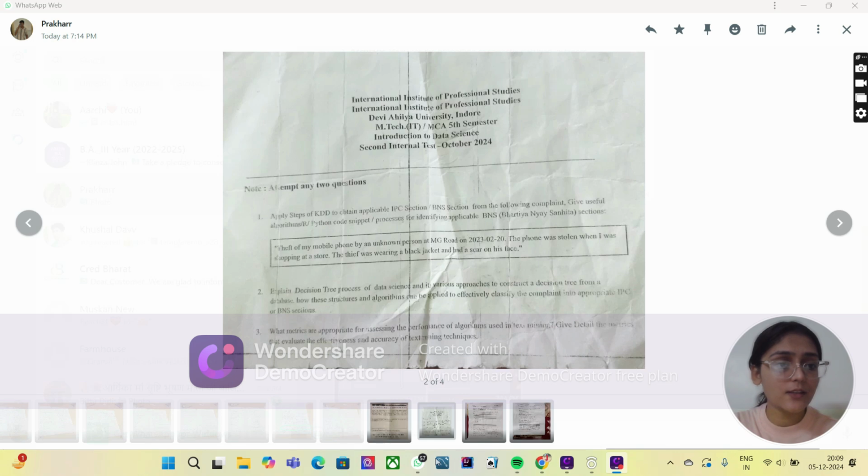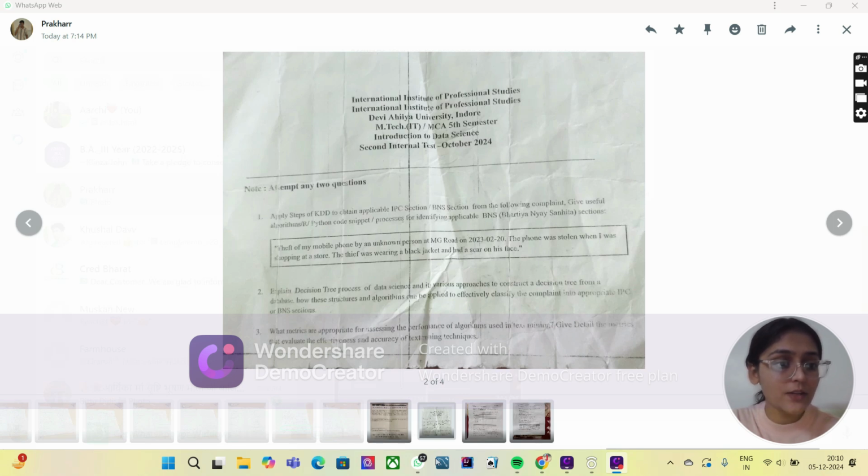CART, which is classification and regression trees, uses Gini impurity as the splitting criterion and supports both classification and regression tasks. ID3, iterative dichotomizer tree, uses entropy as the splitting criterion and is suitable for classification tasks.